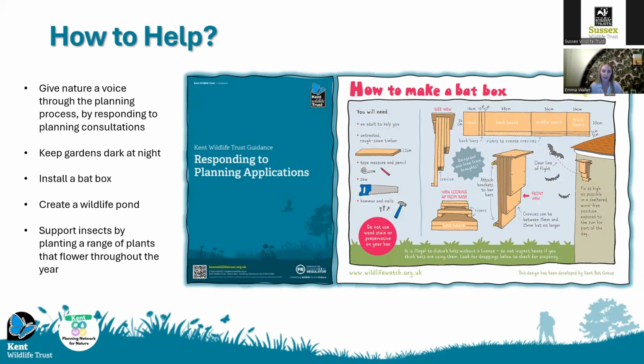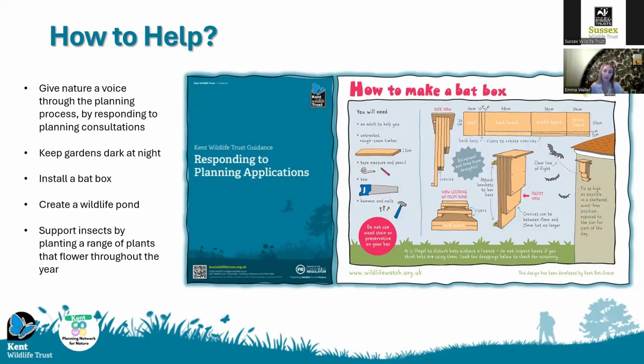You can also attract insects to your garden by planting a wide range of plants that flower throughout the year. And like all animals, bats need to drink. So installing a wildlife pond is another great way to not only benefit bats, but obviously numerous other wildlife. Also, reducing artificial light in your garden is really important.